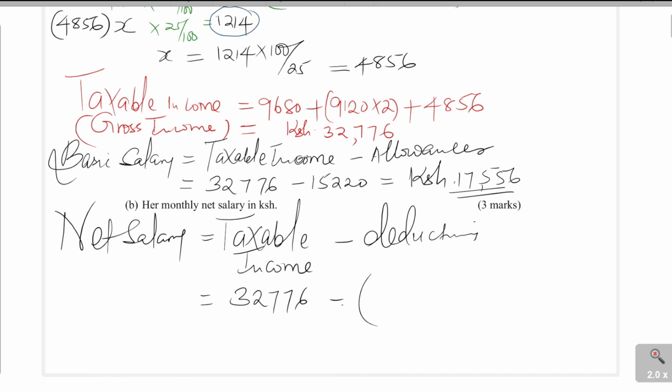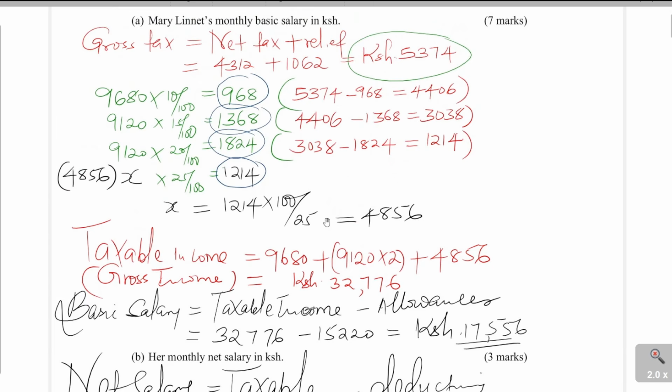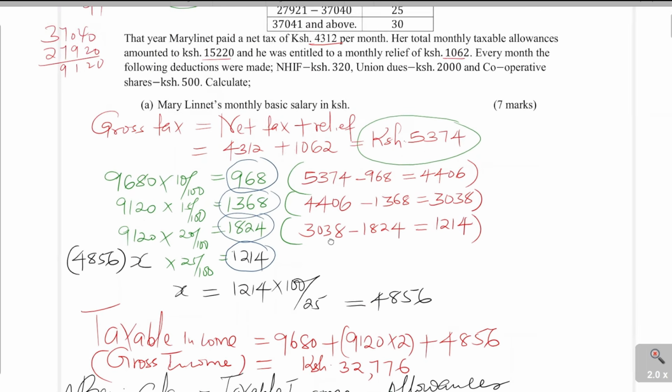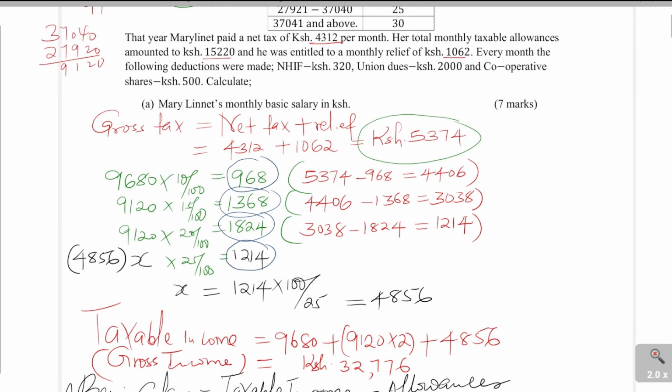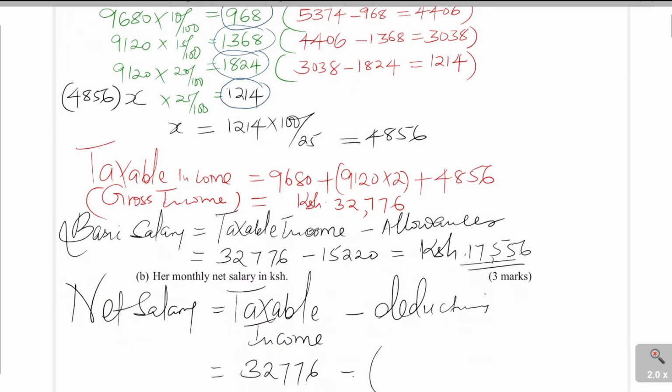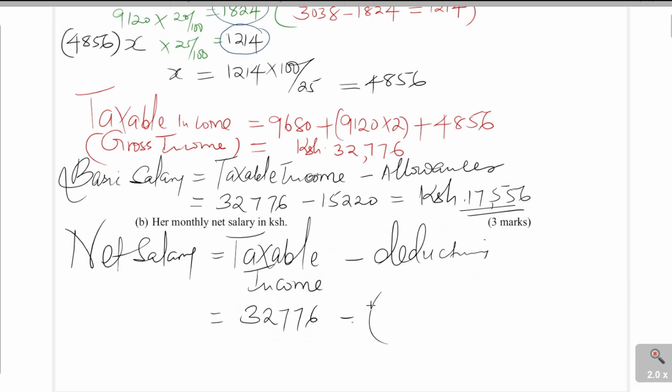Then the deductions, we add them one by one. The first deduction is the net tax pay. Don't forget that. That should be the first one, and we have it as 4312. Not the gross, it is the net tax, which is 4312.